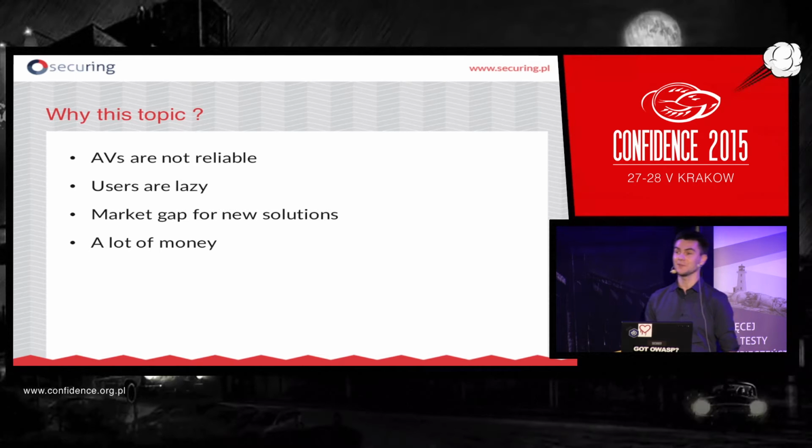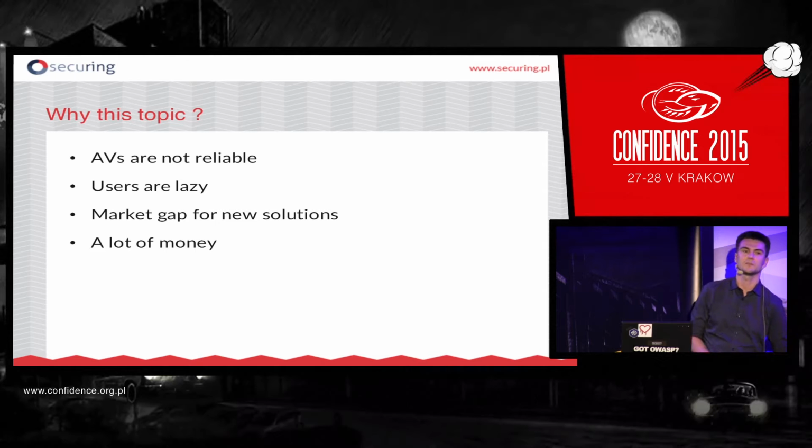Then you're lazy, because some malware can change what you see on the screen, because it's in the browser application. What you should do is compare it to the paper invoice, or at least the invoice in a PDF file. Okay, so there is a market gap for new solutions.